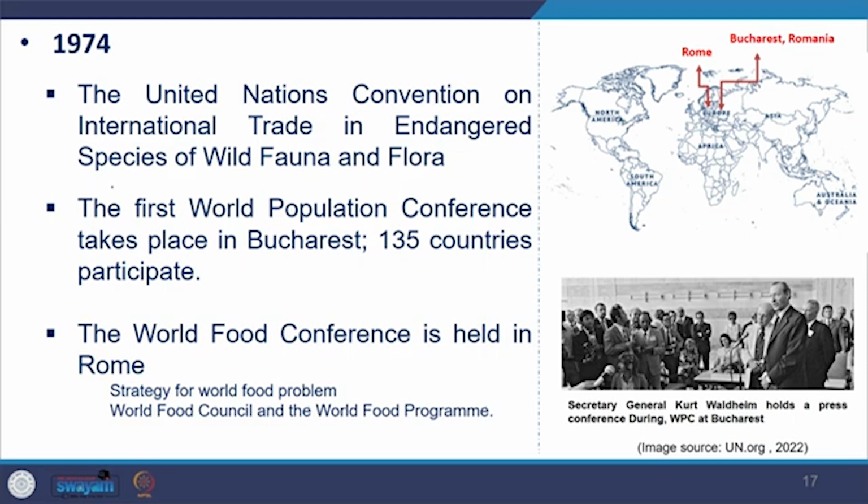And on a side note, just to understand the landscape at that time, the first World Population Conference took place in Bucharest, and 135 countries participated. So they were also concerned about the world population. As we saw in the World Environmental Status, population is one of the driving forces.